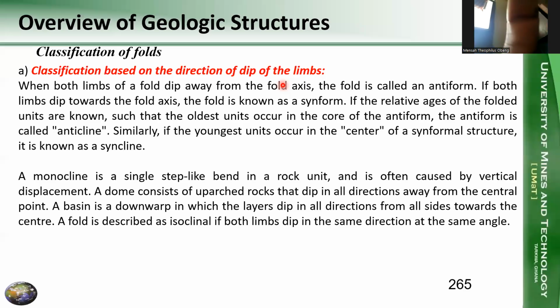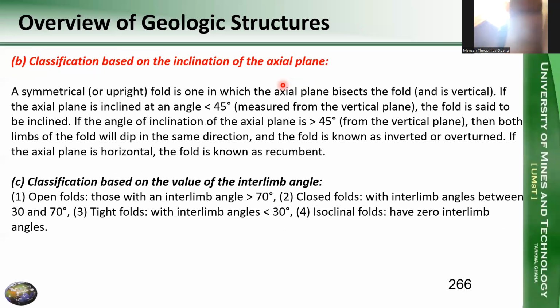So you remember we talked about the interlimb angle, right? If we say an open fold, it means the interlimb angle, which is the angle between two limbs of the same fold, is greater than 70 degrees. If the interlimb angle is between 30 and 70 degrees, we call it a closed fold.